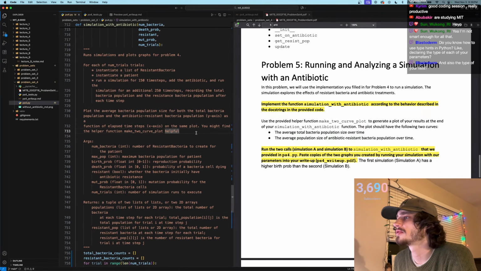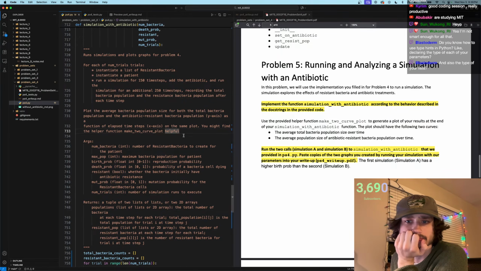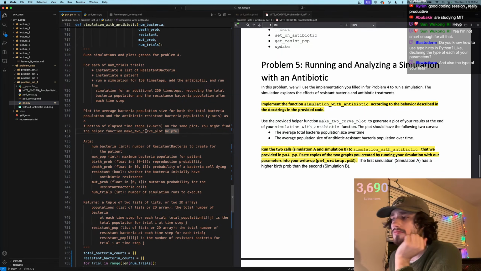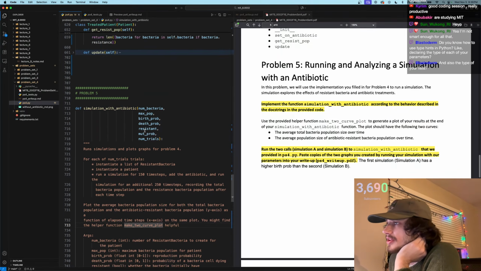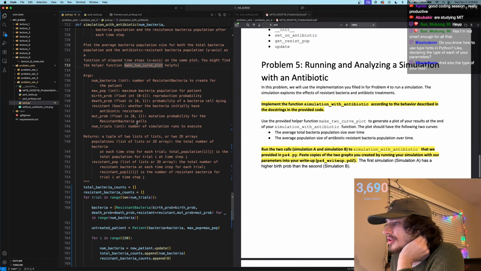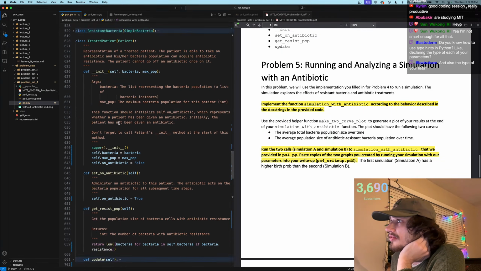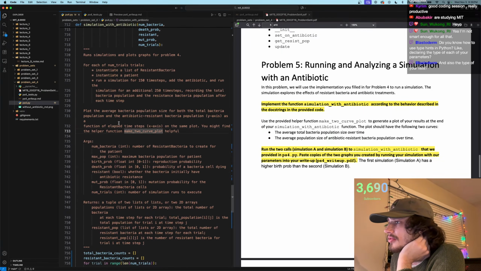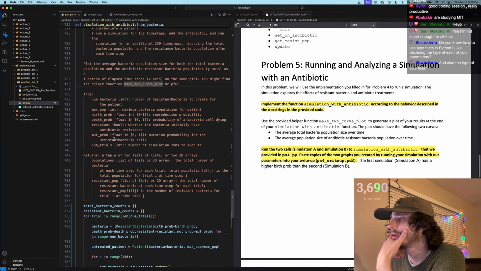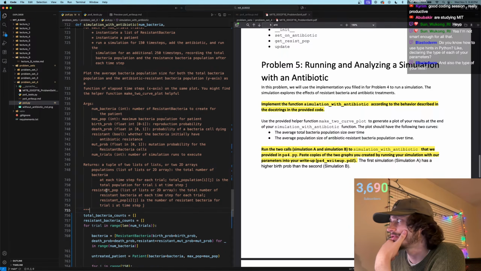You might find the helper function make two-plot curve helpful. This isn't my program. This is the MIT program, so they didn't provide me with any type-ins, unfortunately, which sucks. And I'm not really inclined to modify their stuff much. I don't want to mess too much stuff up, so I would if I was writing it from scratch, but it's not mine, unfortunately.